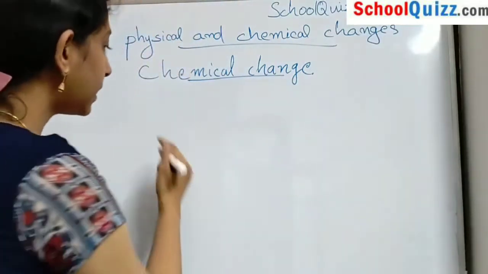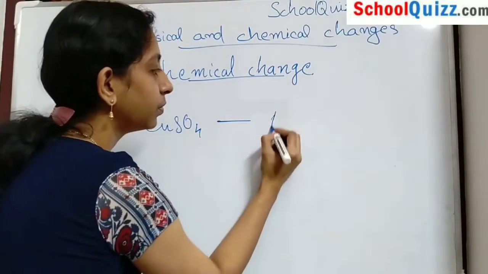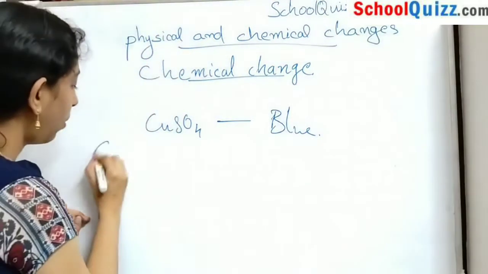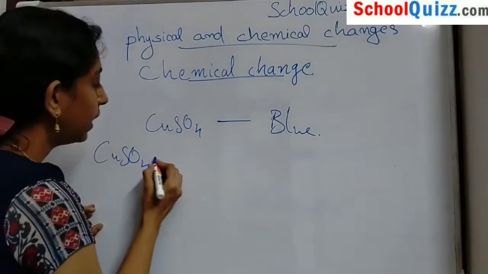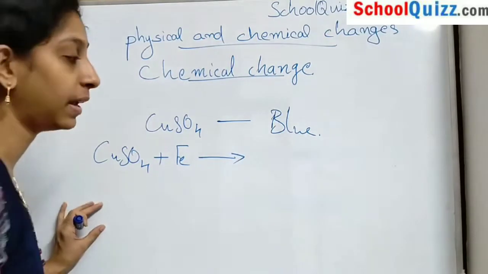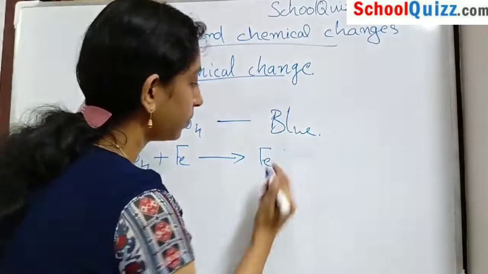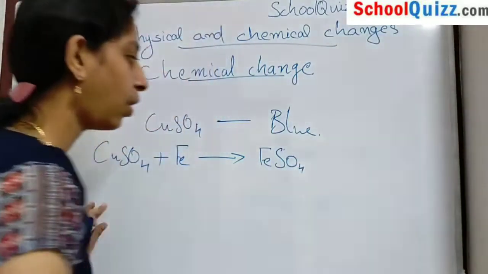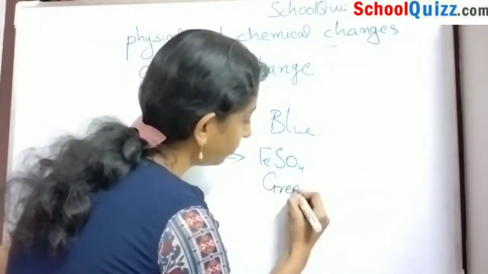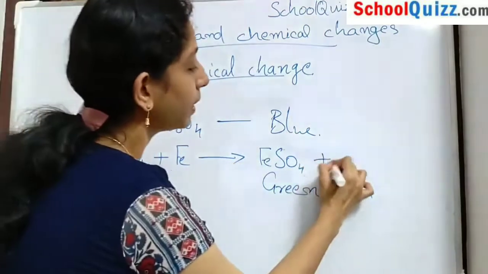First, the copper sulfate is blue in color. Then the copper sulfate reacts with iron. Iron sulfate is formed, which is green in color, plus copper is formed.